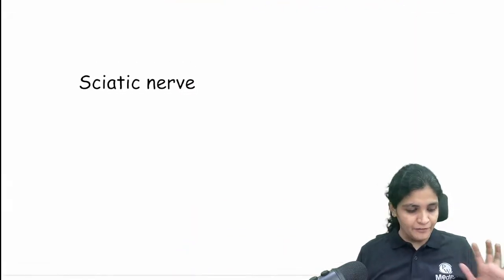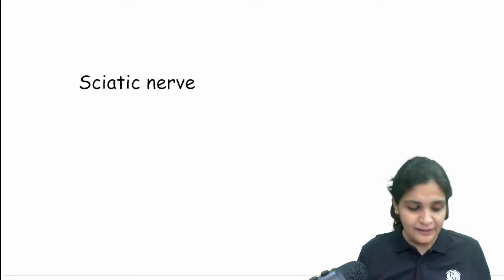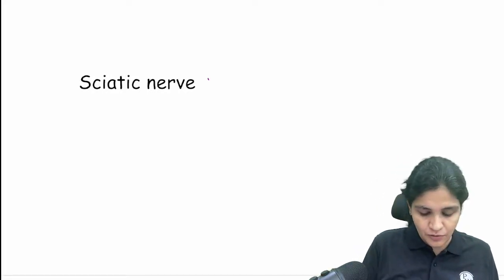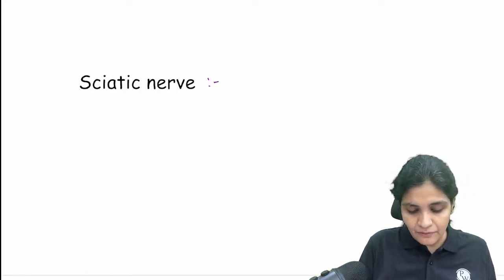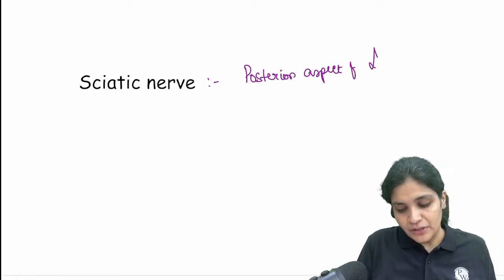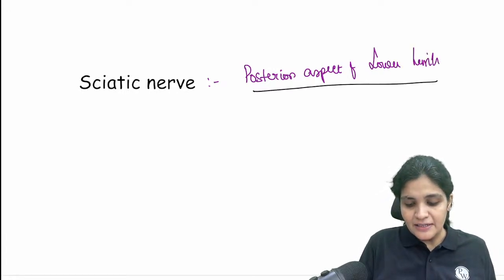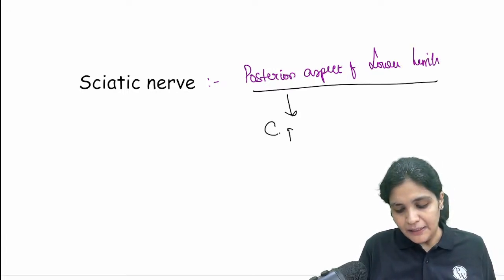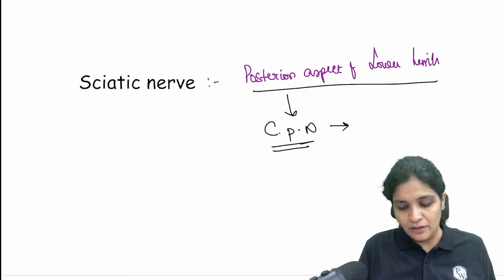And finally, we will end up with the sciatic nerve. So what is the sciatic nerve? It is one of the most important nerves on the posterior aspect of the lower limb, right? And what I am interested in is the CPN part, the common peroneal nerve.